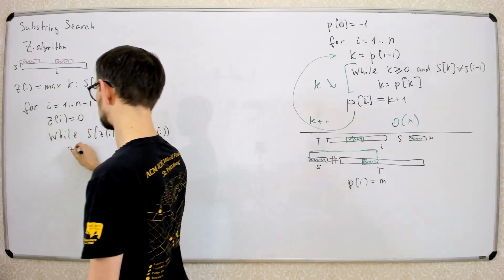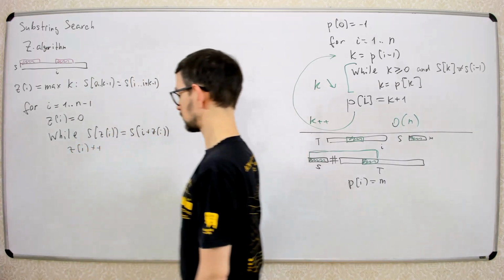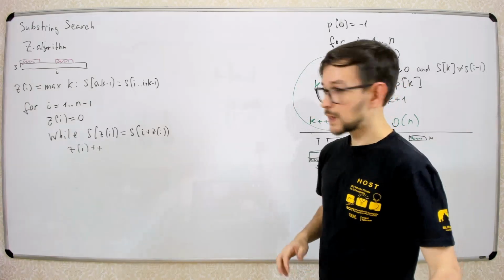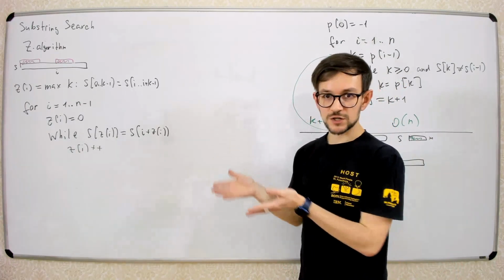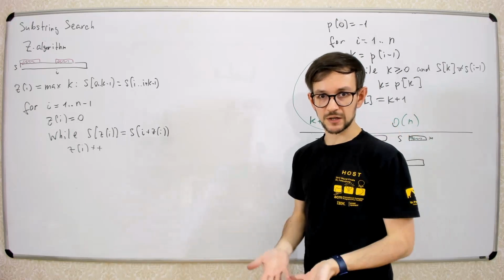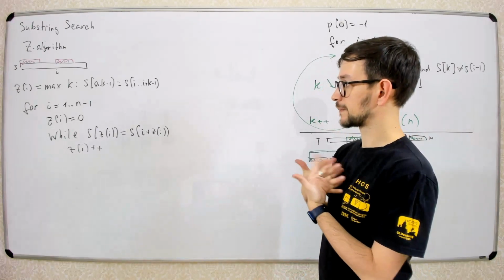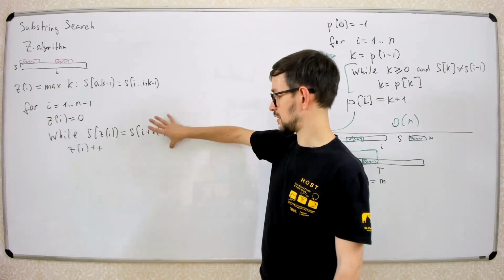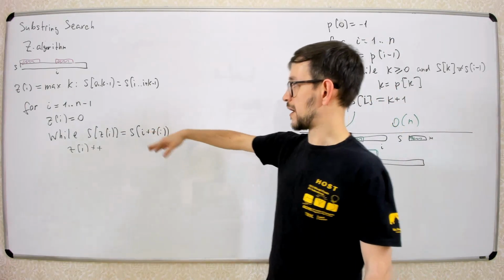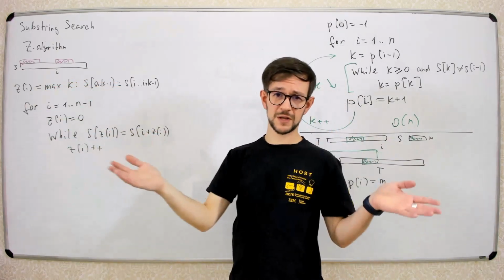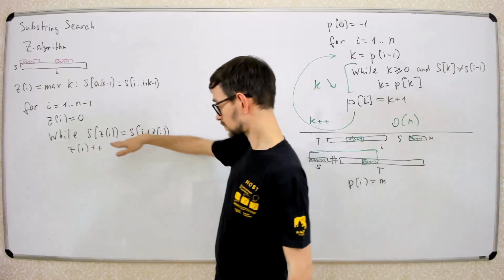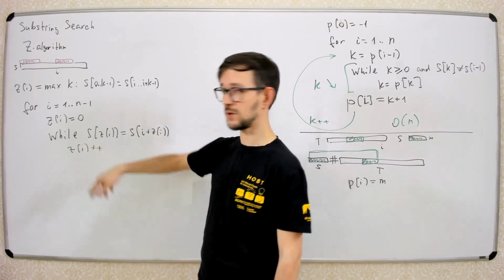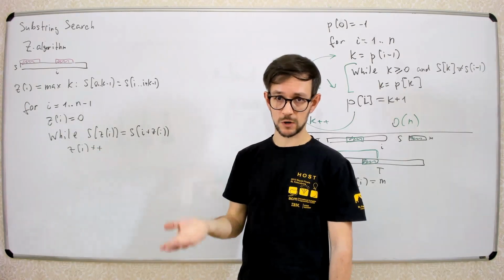As simple as that. This is just the naive approach to calculate the z array for the given string. But it is slow. This is a quadratic algorithm, so this while loop may work slowly. For example, if the whole string contains the same characters, then each time you go from 0 to the maximal value, so the total time complexity will be n squared.